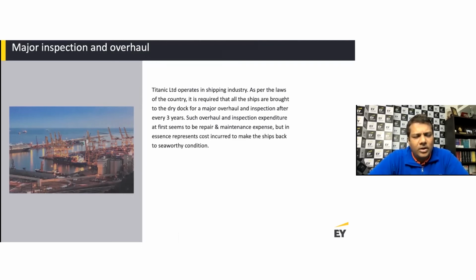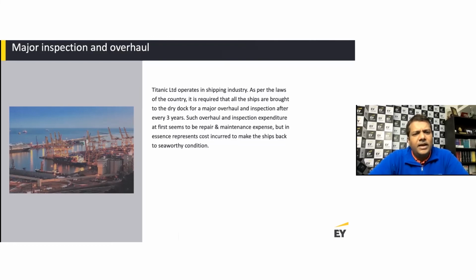As per the laws of the country, it is required that all the ships are brought to the dry dock for a major overhaul and inspection after every 3 years.